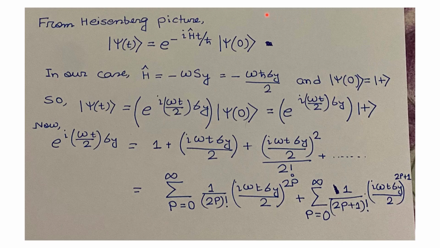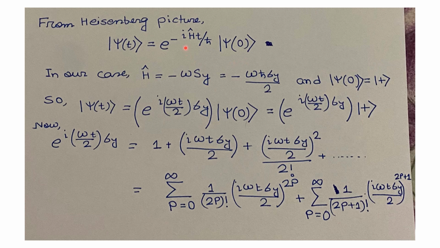Now, from the Heisenberg picture, we can find the time evolution of a wave function if we are given the initial wave function at t equals 0. So it is given mathematically by psi t equals e to the power minus I h cap t by h cut times the initial state, that is psi at t equals 0.